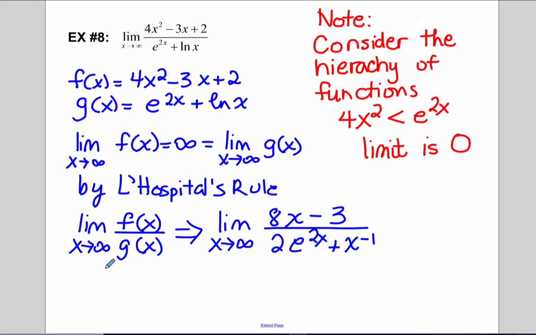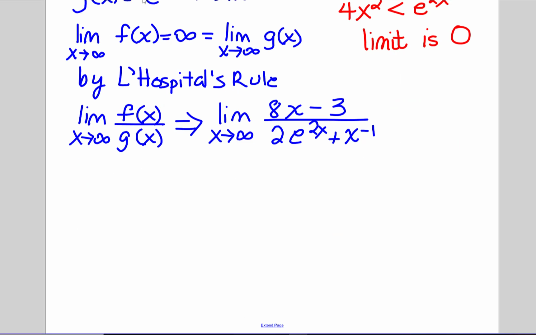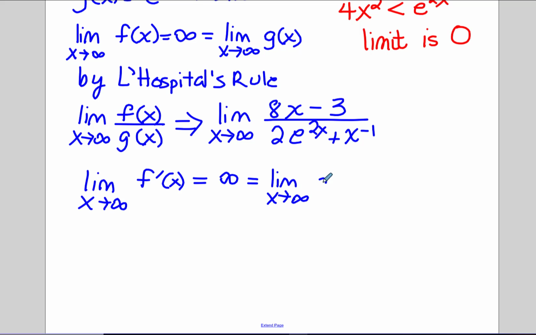And then by substitution, we have 8 times a large number. We got it again, don't we? We'd have to show it again. So again, we could say the limit at infinity of the derivative is infinite, and the limit at infinity of the denominator derivative is also.